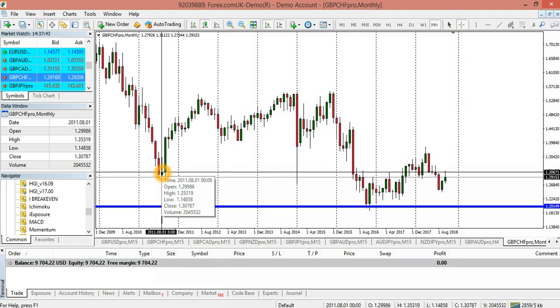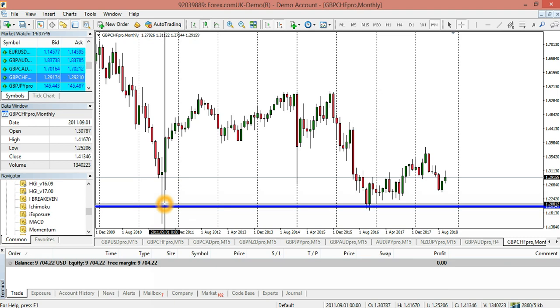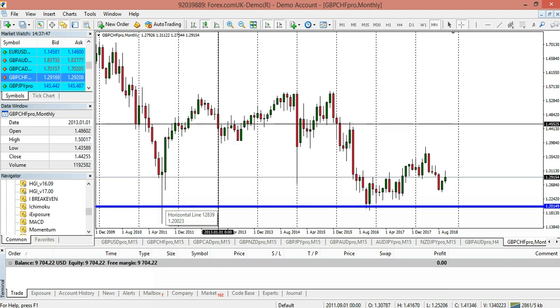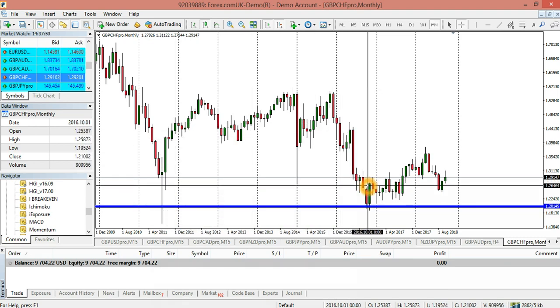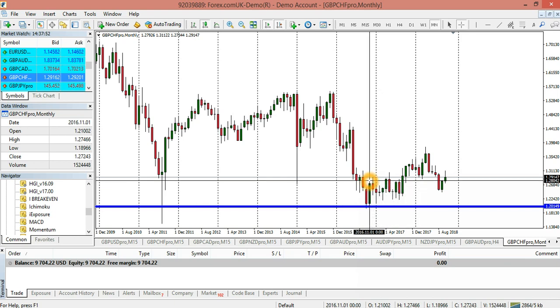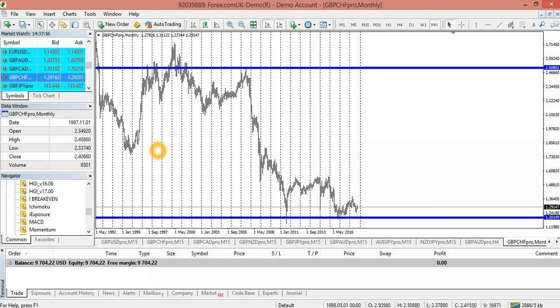Right here in 2011, the market came down to here, and you realize back in 2006 it came back down to the same price point, made its way down, and eventually made its way back up.